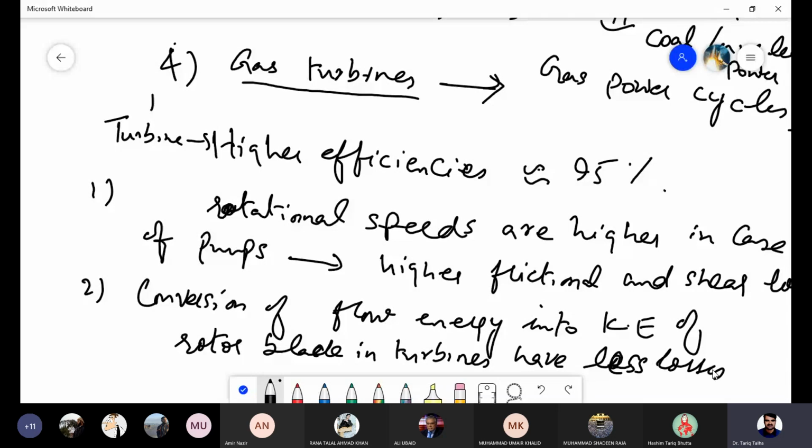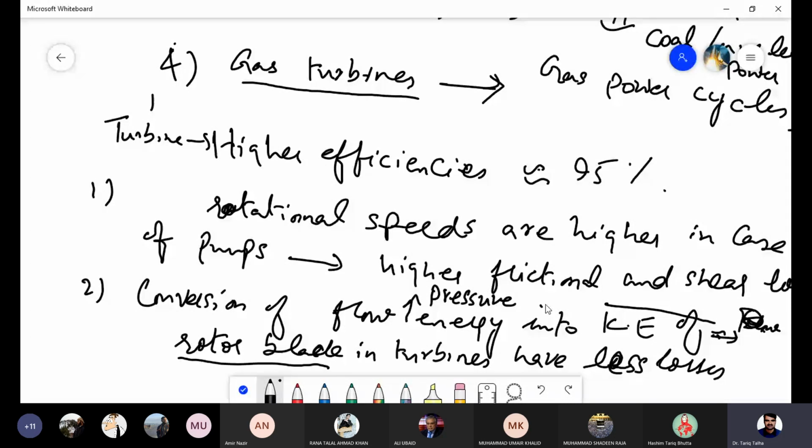Because in the pump case, what we do is convert the kinetic energy of the blade. We usually call it flow energy. It is the kinetic energy of the rotor blade. So what is flow energy basically? Flow energy is the pressure and velocity of the flow, which is being converted into the kinetic energy of the rotor blade, right?